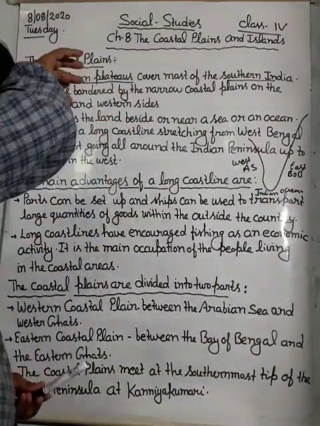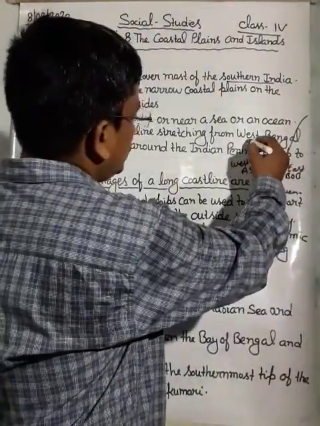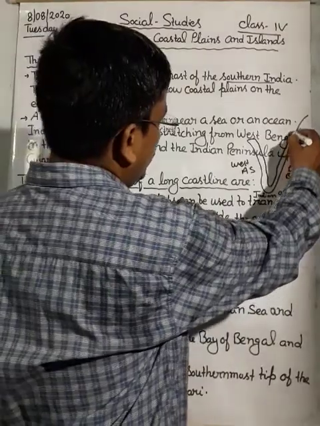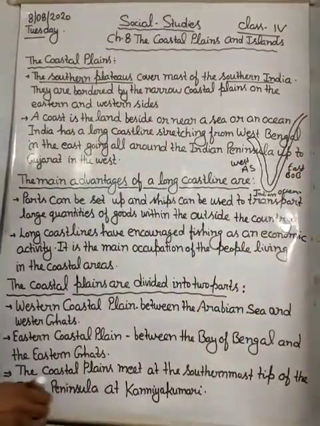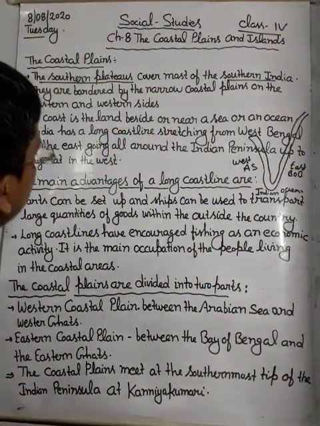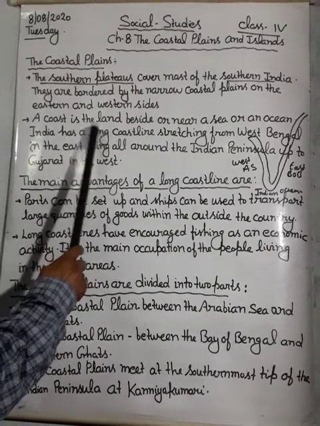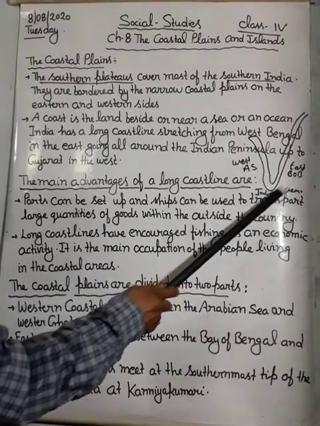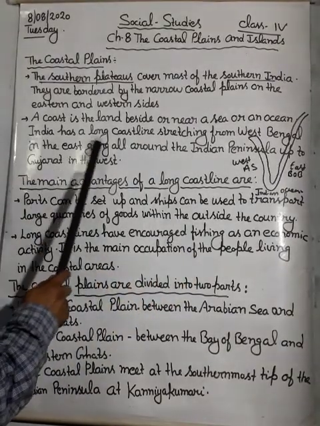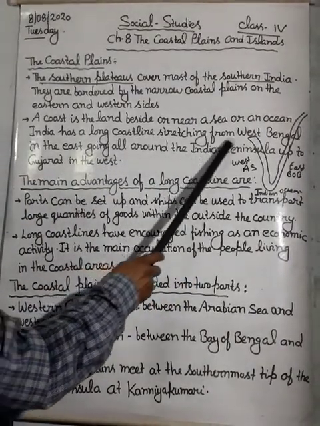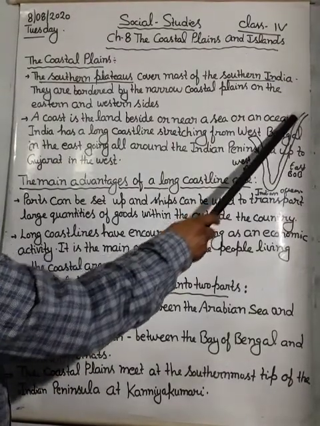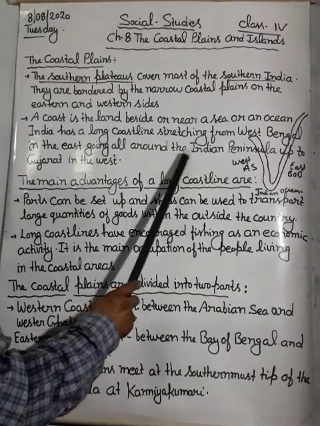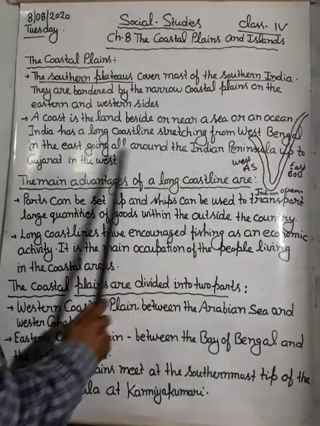So this part of land is surrounded by water from three sides. India has a long coastline stretching from West Bengal in the east, going all around the Indian peninsula up to Gujarat in the west.